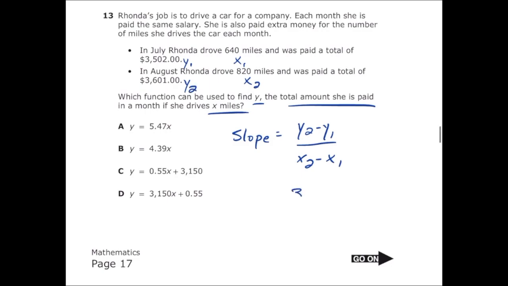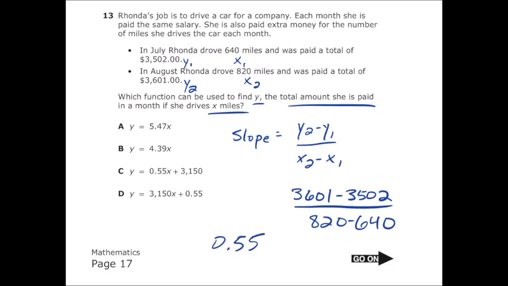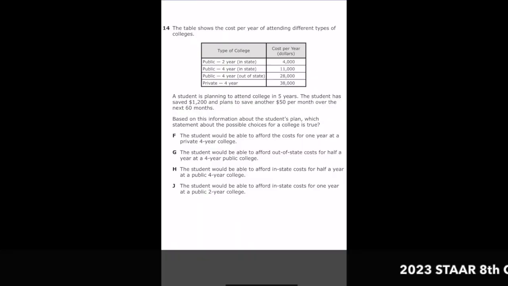And I'm going to get 3,601 minus 3,502 over 820 minus 640. And once I put that into my calculator, I should get 0.55. And the only answer choice that has that as the slope is letter C. So that's our answer.